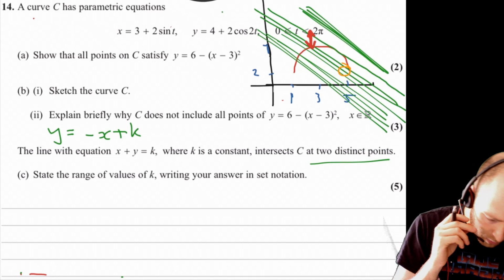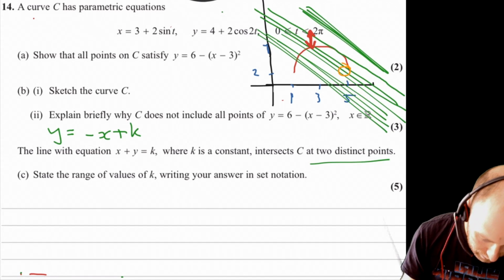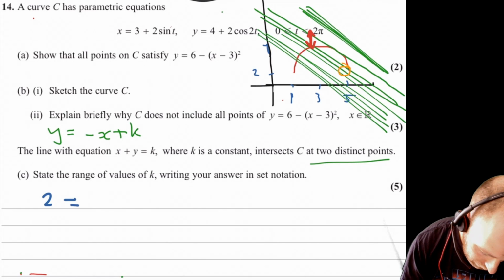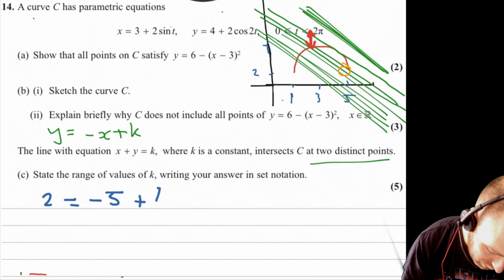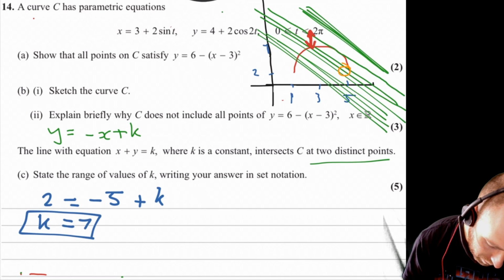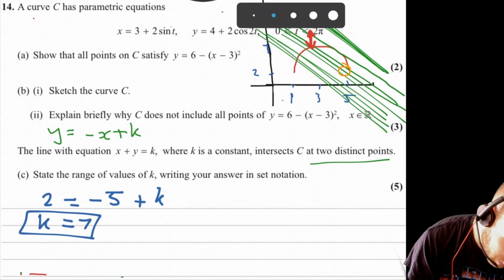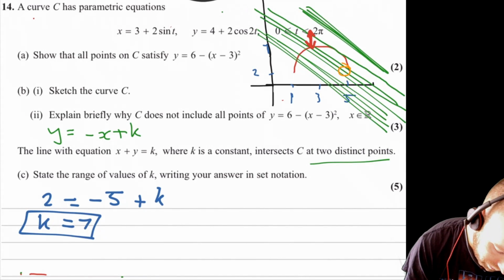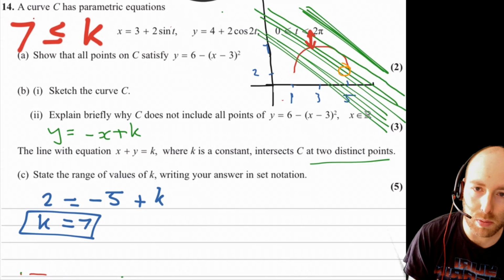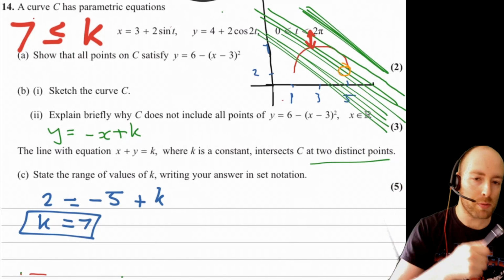So let's put 5, 2 into the equation. So we're going to get y equals 2 equals minus 5 plus k. So k equals 7. So that tells me that overall k must be greater than or equal to 7. If it equals 7, it's going to go through that point, which means it crosses twice.